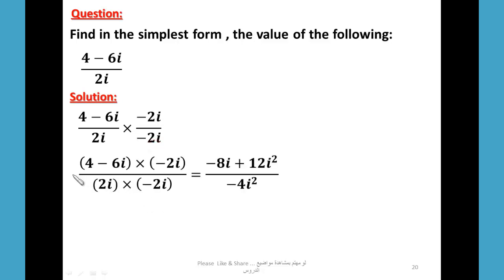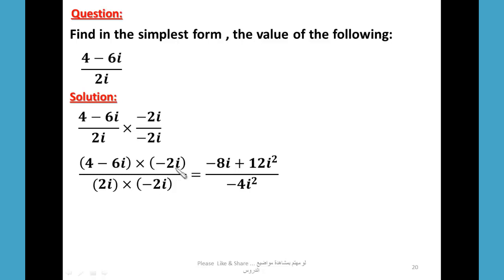It is equal to 4 minus 6i multiply negative 2i over 2i multiply negative 2i. And we distribute negative 2i over 4 minus 6i.